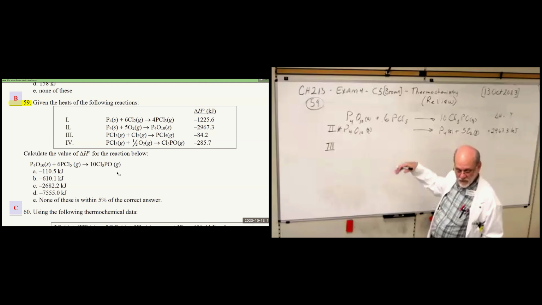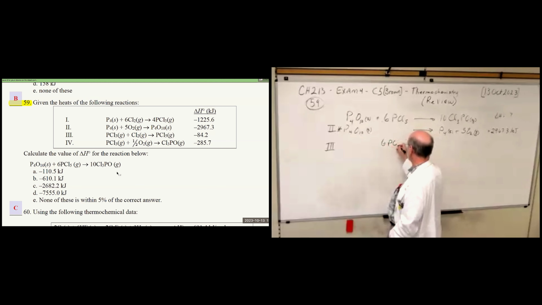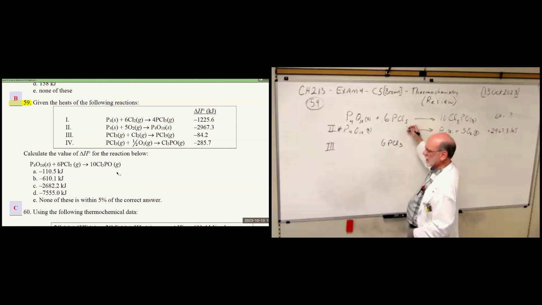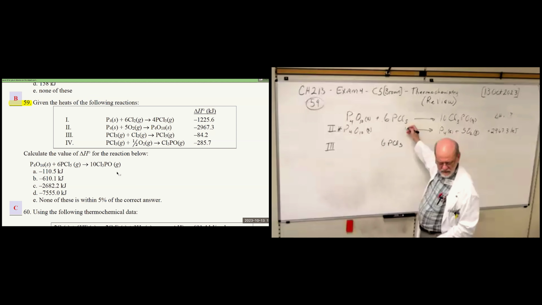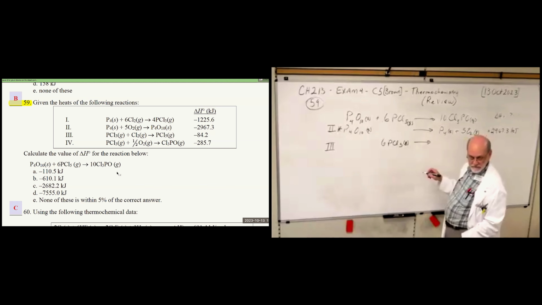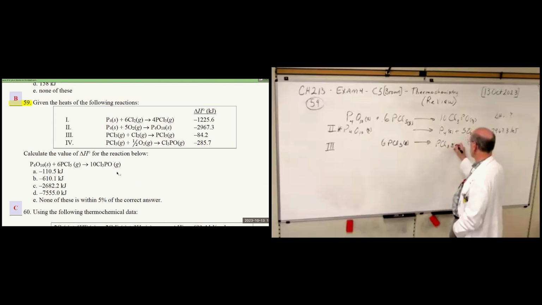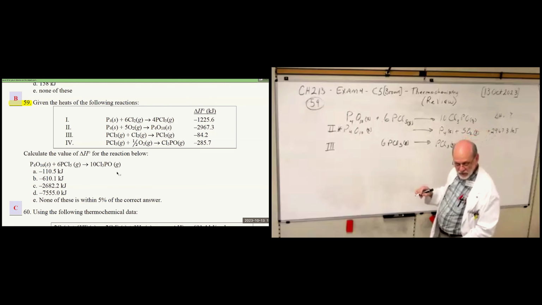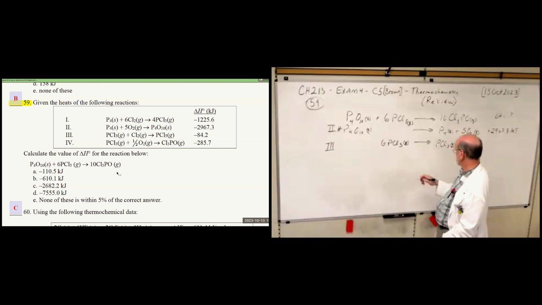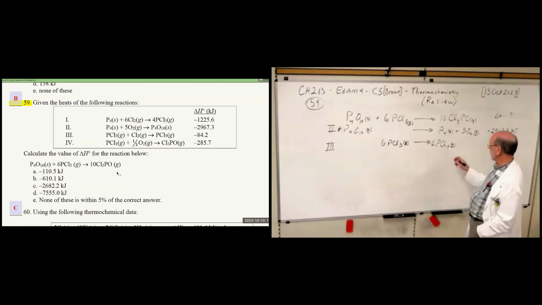So if we flip it over and get 6 PCl5 gas and PCl3 gas, I've multiplied it by 6, so this has to be 6 also, and this one has to be 6 Cl2 gas.